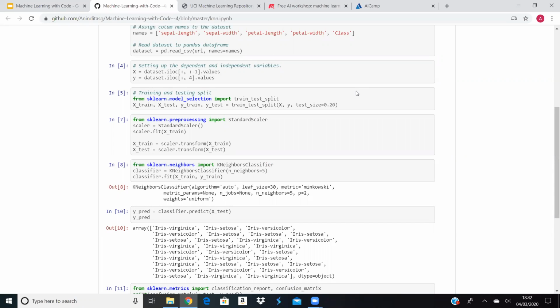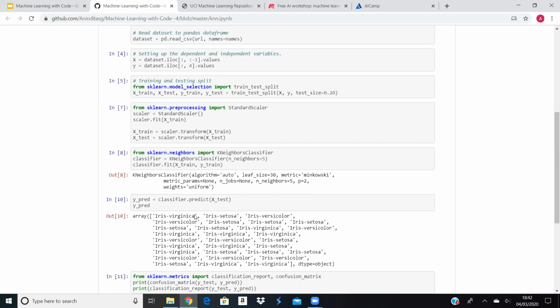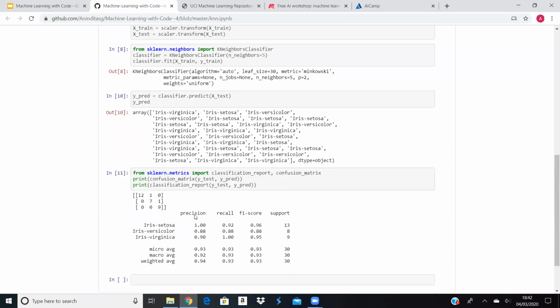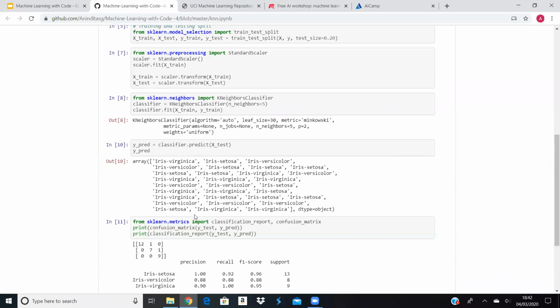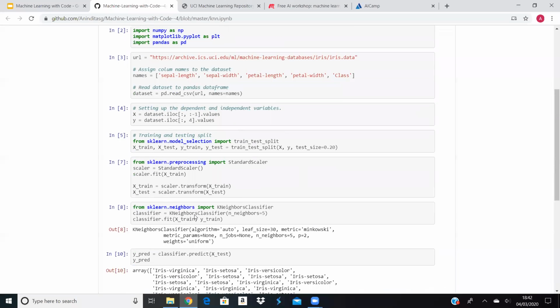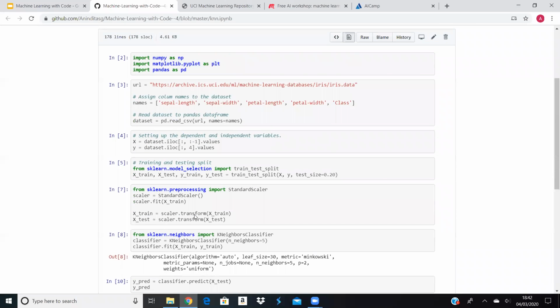Now, when we are sending this XPRED data set to the classifier.predict, it has all the four columns, that is the sepal length, sepal width, petal length, and petal width, but it does not have the class of that particular iris.